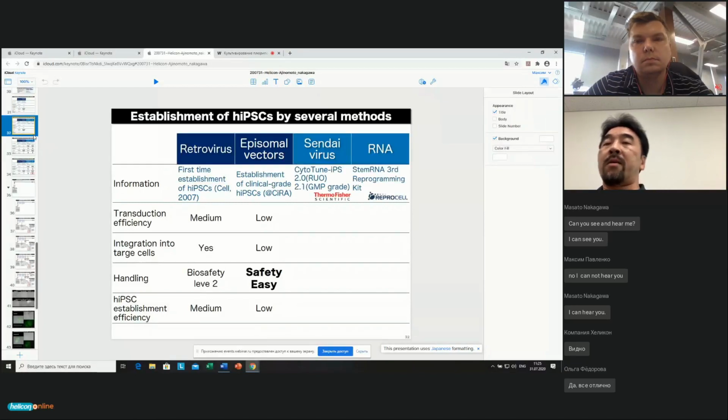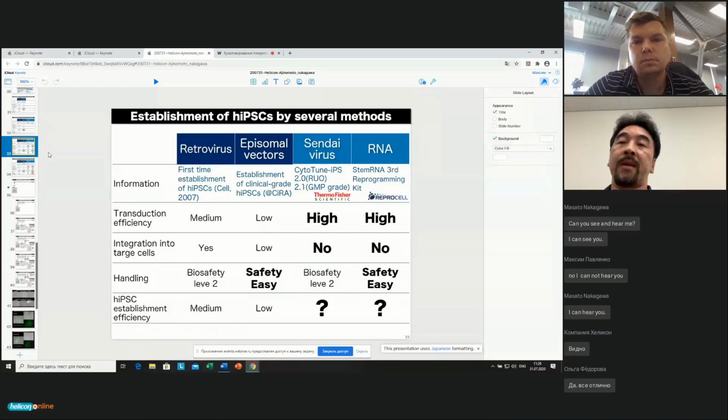Now we are trying Sendai virus and synthetic RNA for iPS cell generation. Both methods are already sold as products named CytoTune and StemRNA. Next slide, please. The transduction efficiency is very high using both methods.